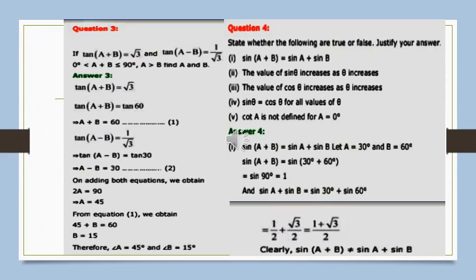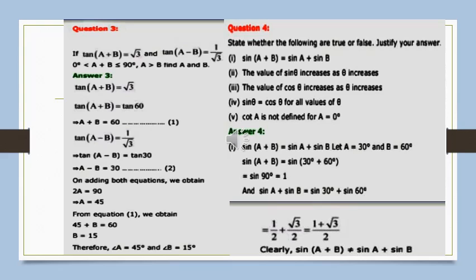Now in the fourth question, we have to state whether the following statements are true or false. How will you justify? What we will do? We will find out the values of both sides, and if they are equal, it is true. If they are not equal, then it is false. So here is the first statement: sin(A + B) equals sin A plus sin B. Let us take A equals 30 and B equal to 60.